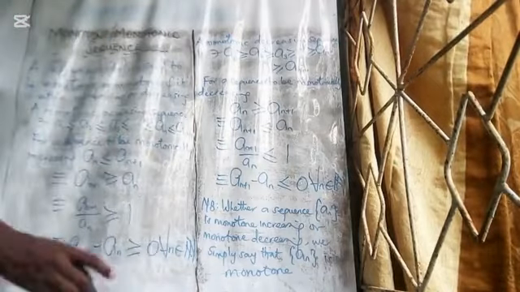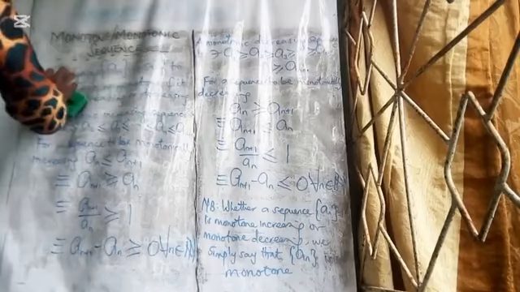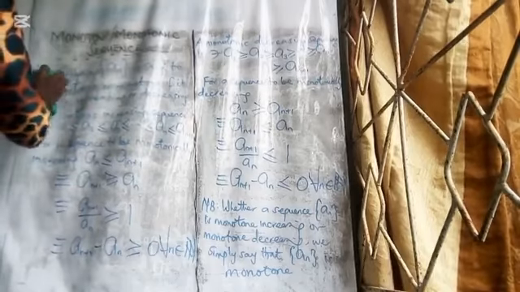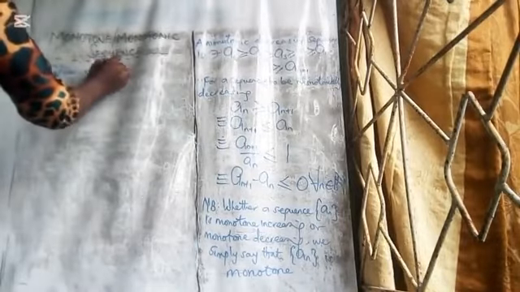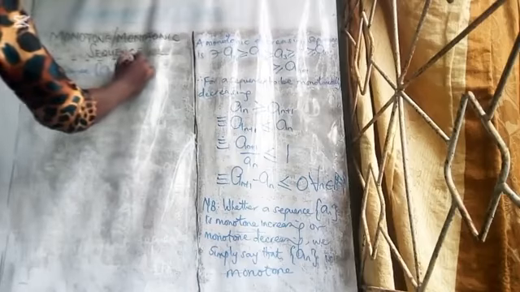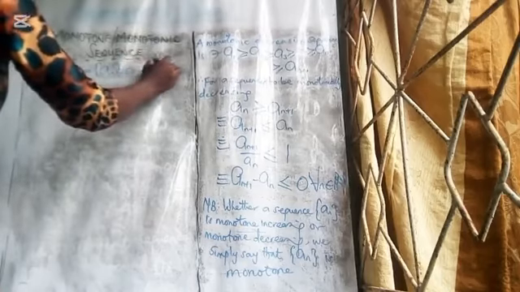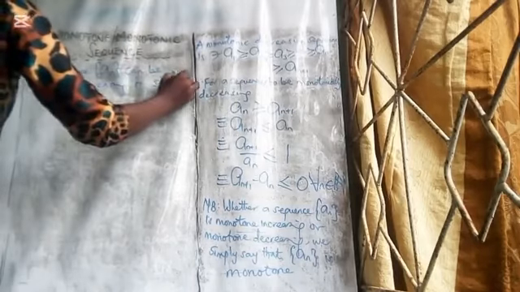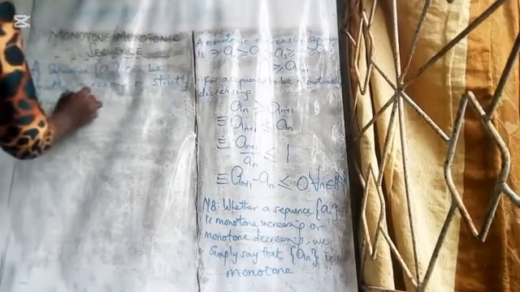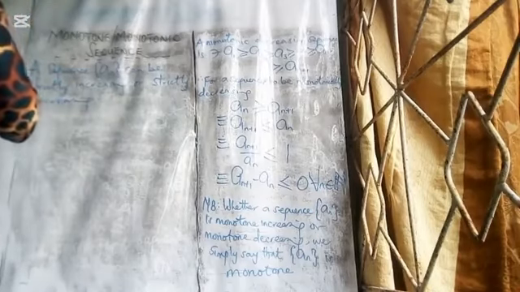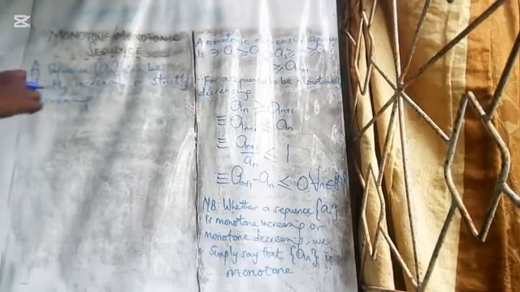Also, we can have a strictly increasing sequence and a strictly decreasing sequence. A sequence a sub n can be strictly increasing or strictly decreasing.